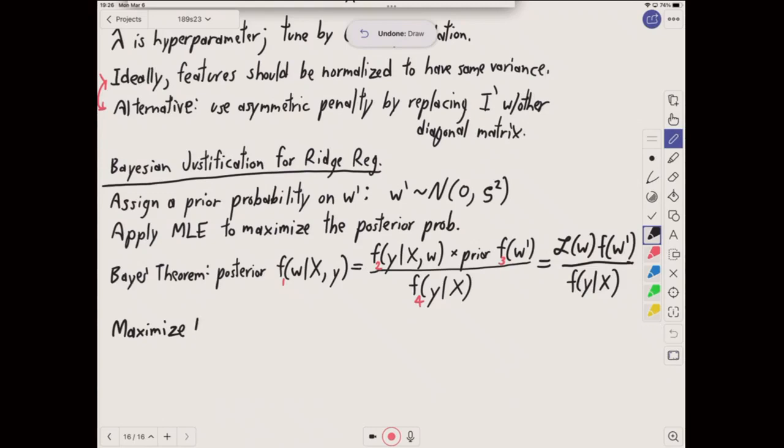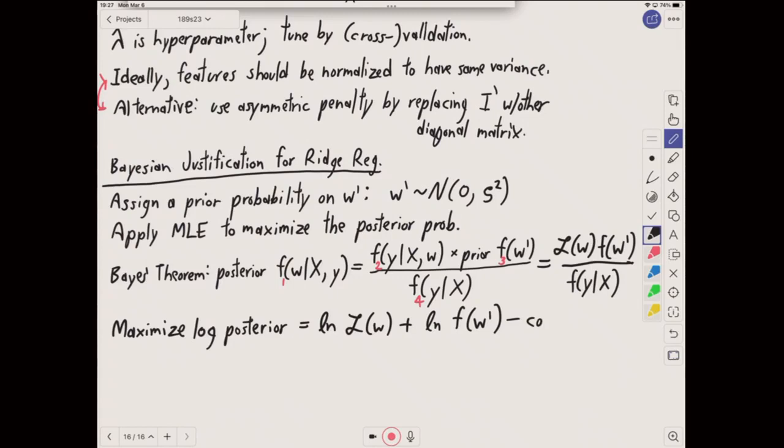Well, remember, when we maximize likelihood, we generally take the log so that we can turn the products into summations. So that's going to be the log of the likelihood, the same likelihood that we did last week, plus the log of my new prior that I am introducing today, minus some constant.